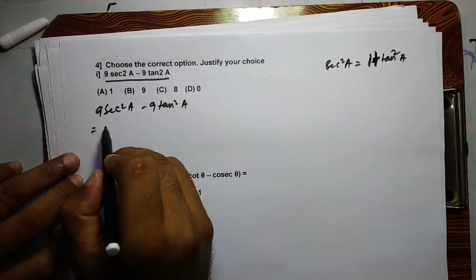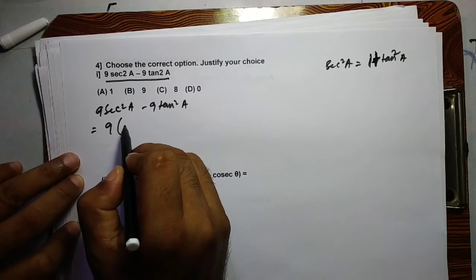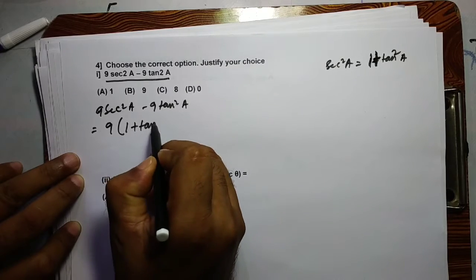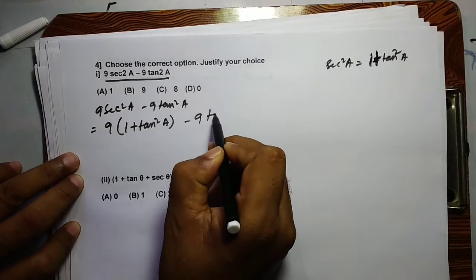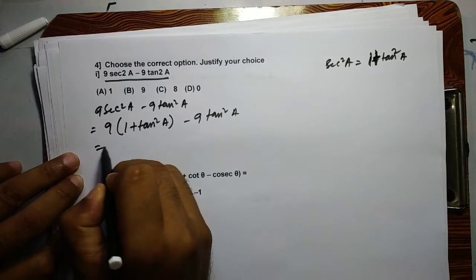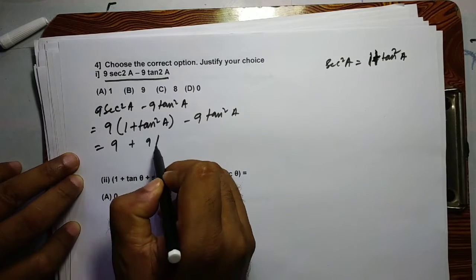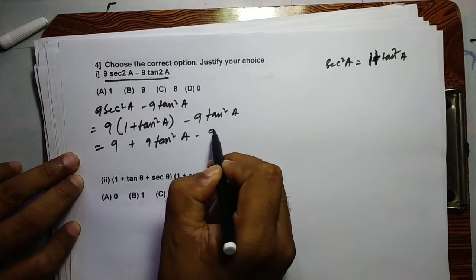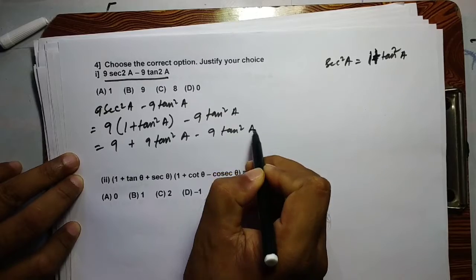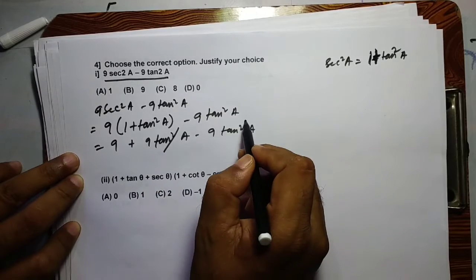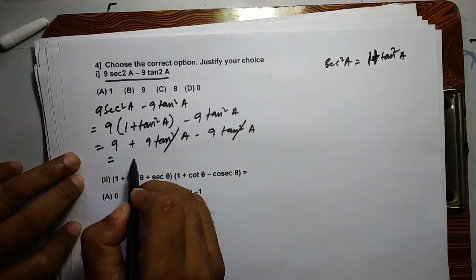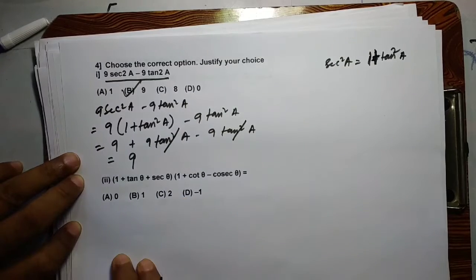So here you just put 9 into the whole of 1 plus tan square a, minus 9 tan square a. So this is 9 plus 9 tan square a minus 9 tan square a. So this is 9 only. So this is the answer.